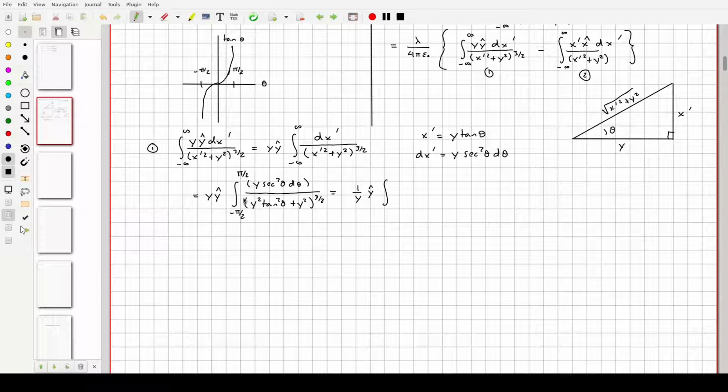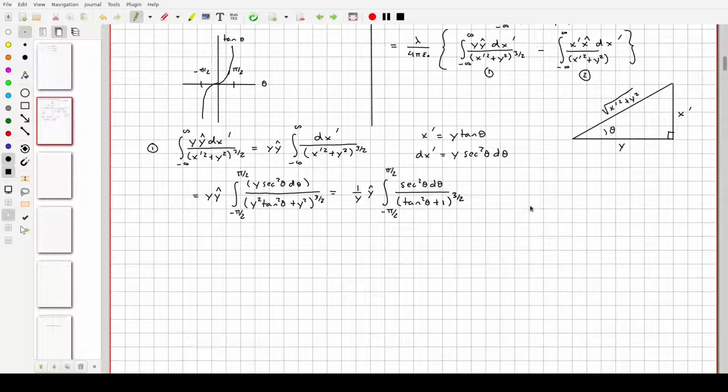So those are our limits of integration now: from minus pi over 2 to pi over 2. We've already handled the y's, which means that we have a secant squared of theta d theta on the top. And on the bottom, we have tangent squared of theta plus 1 raised to the 3/2 power.